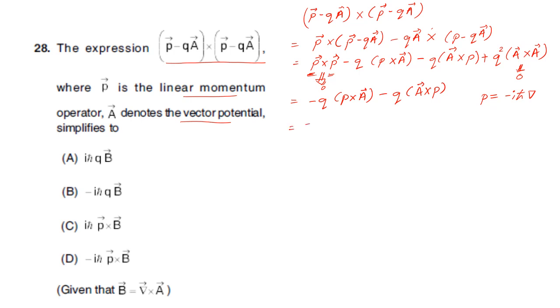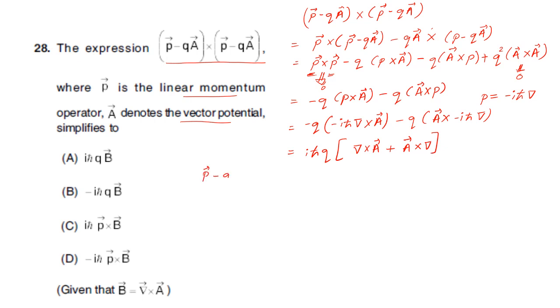So substitute here minus Q minus IH cross del cross A minus Q A cross minus IH cross del. So here IH cross and Q are constant. IH cross Q, del cross A plus A cross del.